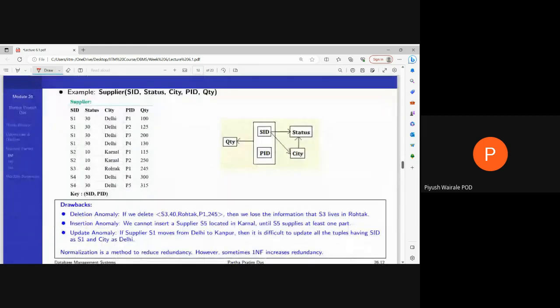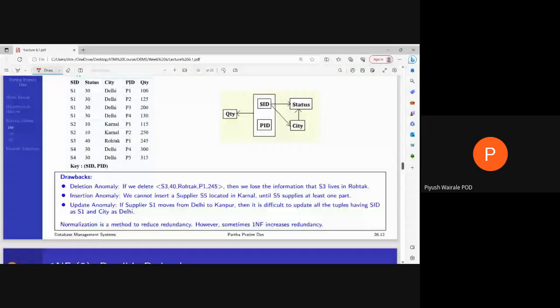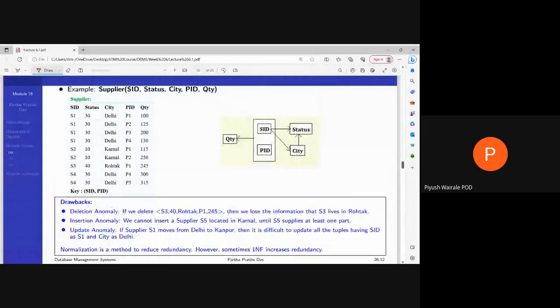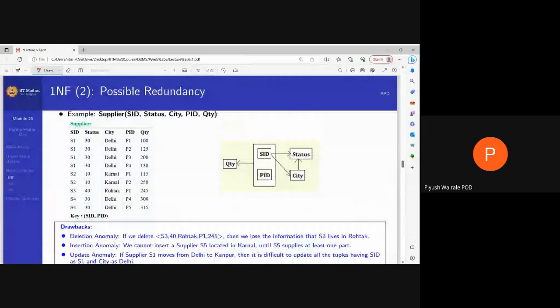Now once we remove that MVA, what are the different drawbacks that remain? That's why we want to go for 2NF. Suppose the same table is expanded with SID, status, city, PID, and quantity, and we have these functional dependencies.